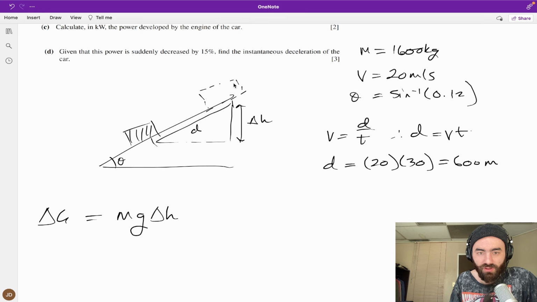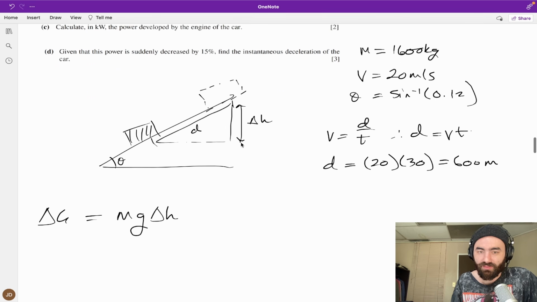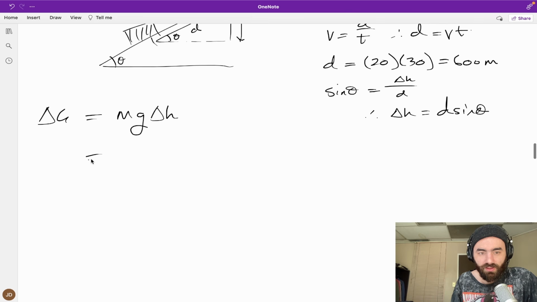Now we can find the change in height of this object as it moves this distance d. This is theta, so sine theta equals opposite, which is change in h, over d. Therefore, change in height equals d sine theta. So the change in G equals mg d sine theta.